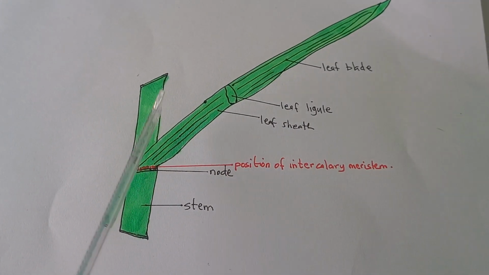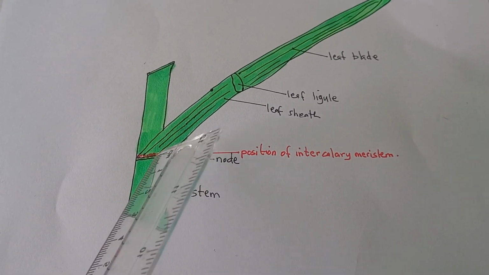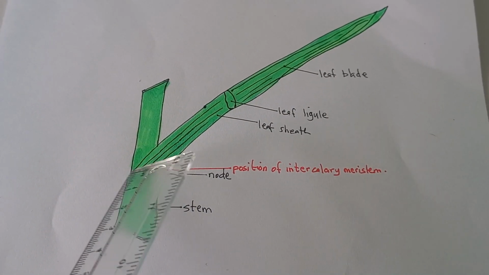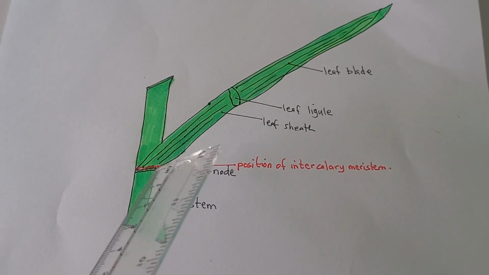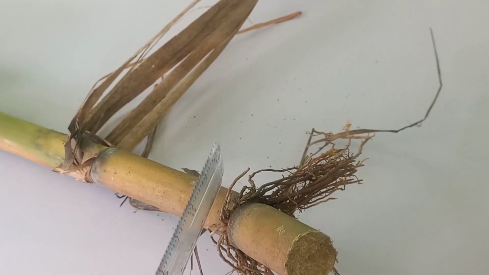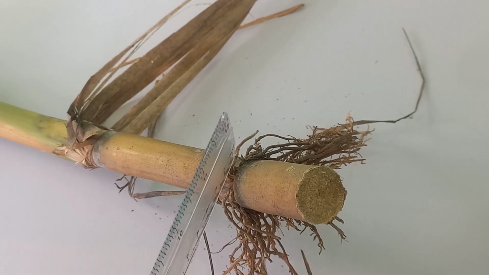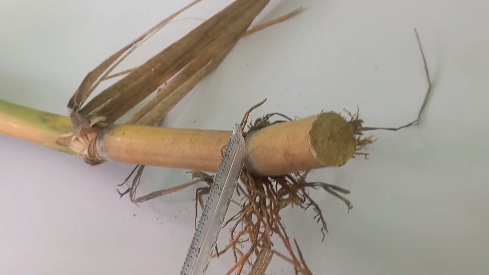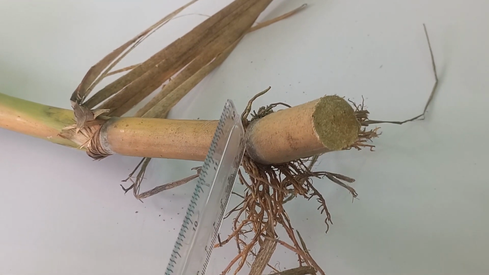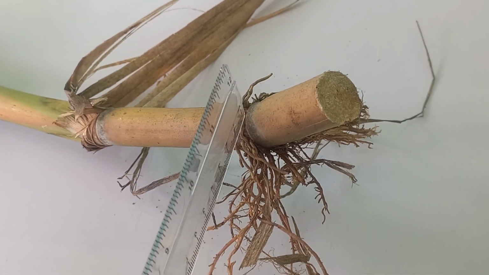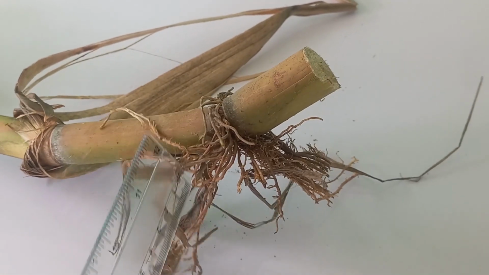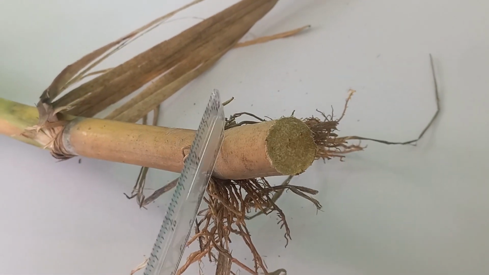Yes, here is a diagram to show the node. The intercalary meristems are on the circumference on top of the node, not below it. The evidence is this is the node, and these roots are grown on top of the node, not beneath the node, all round above the node.